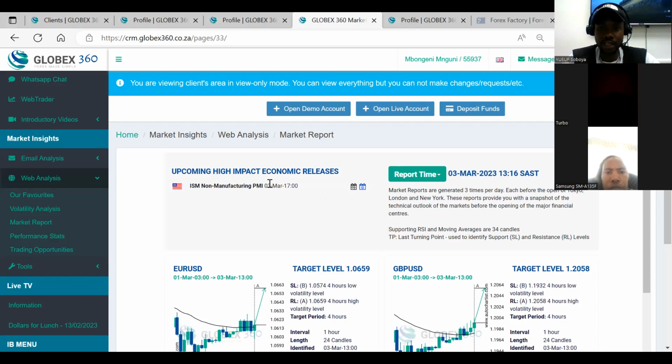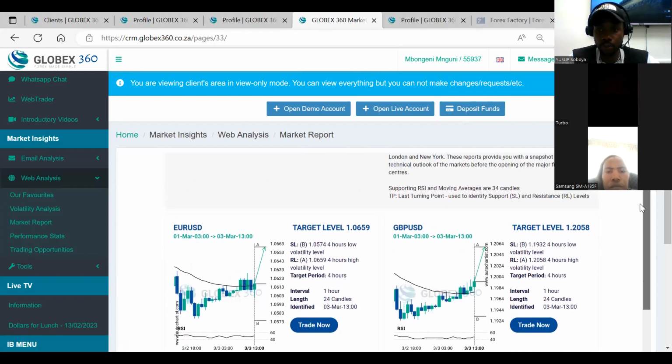They think the NFP is today, but it's next week, Friday. I've seen this even on a lot of platforms, even on Google. I think when they were installing this type of calendar, they took this date from last year or last time. But the NFP is next week, Friday.